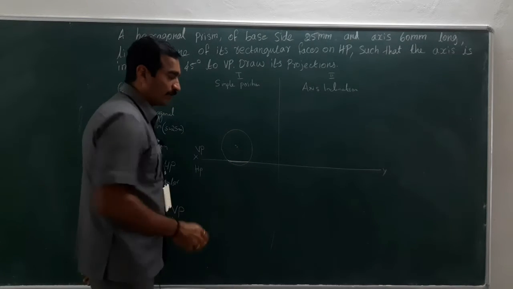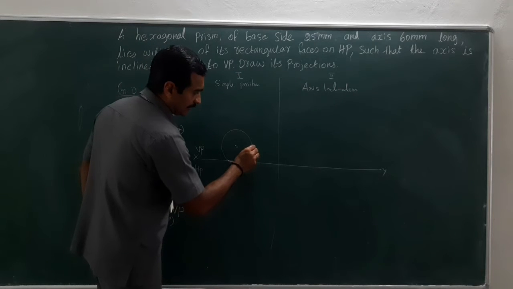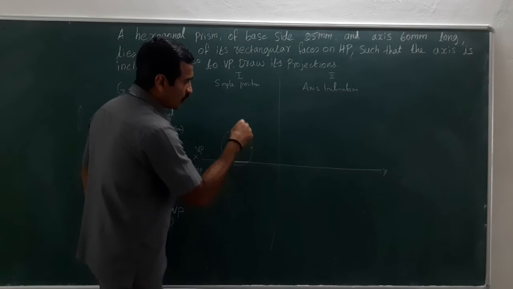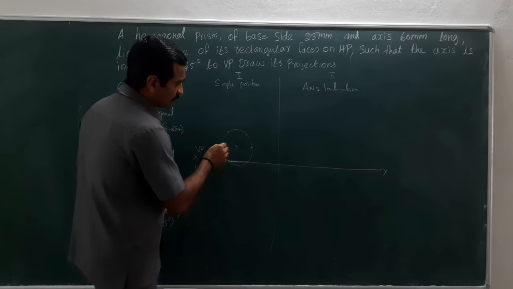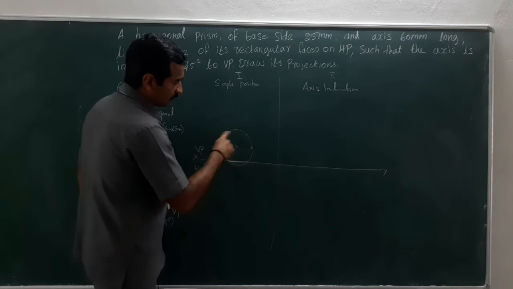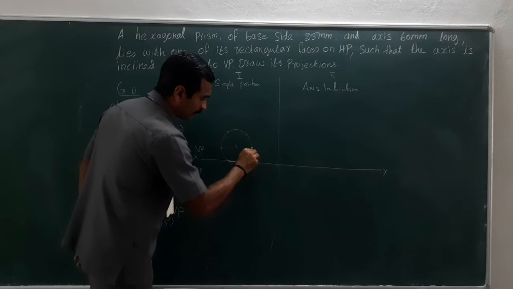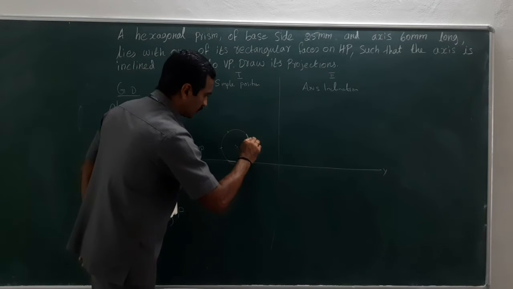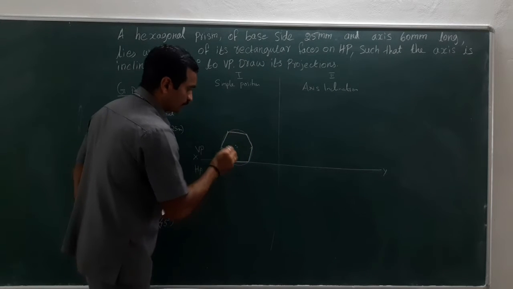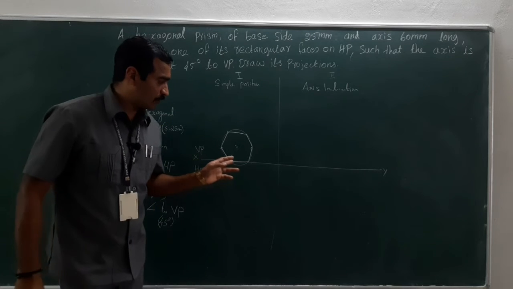Without changing the radius, that is 25 mm, keep it here, cut an arc, and go on marking the arcs. By doing so, you have marked the points on the periphery of the circle. Now connect all the edges. It's a hexagon.